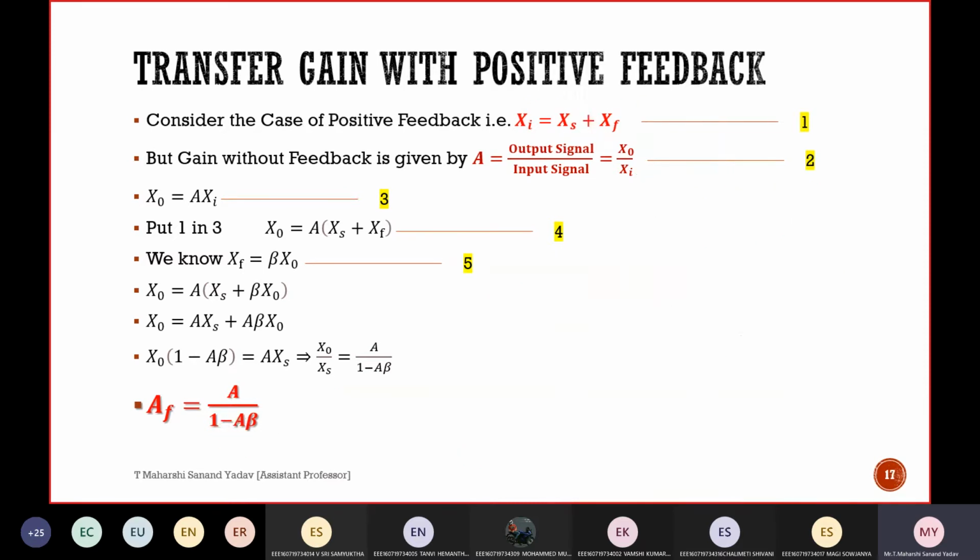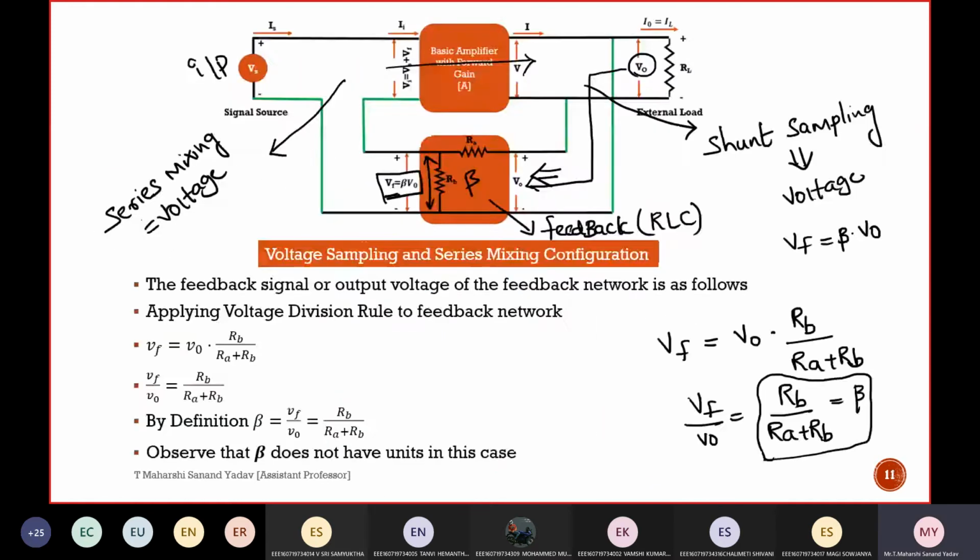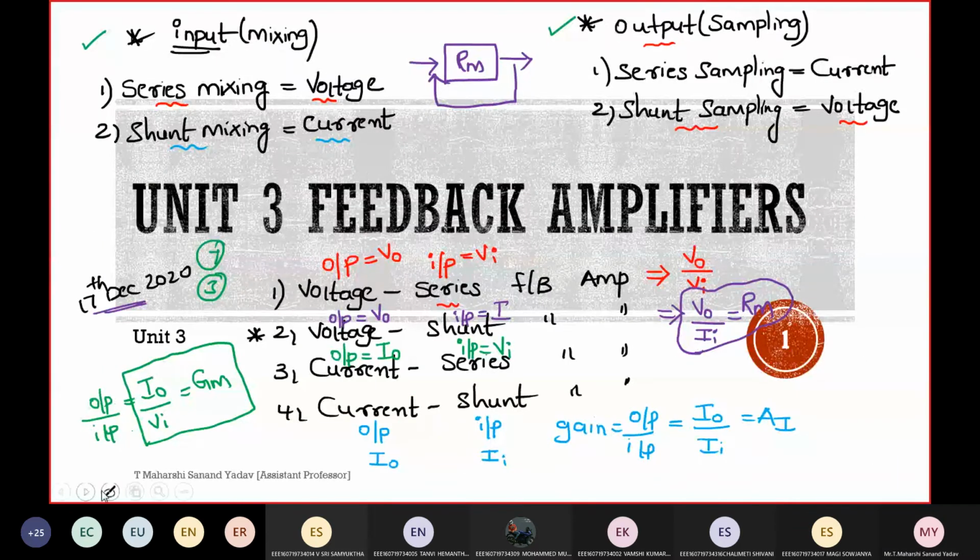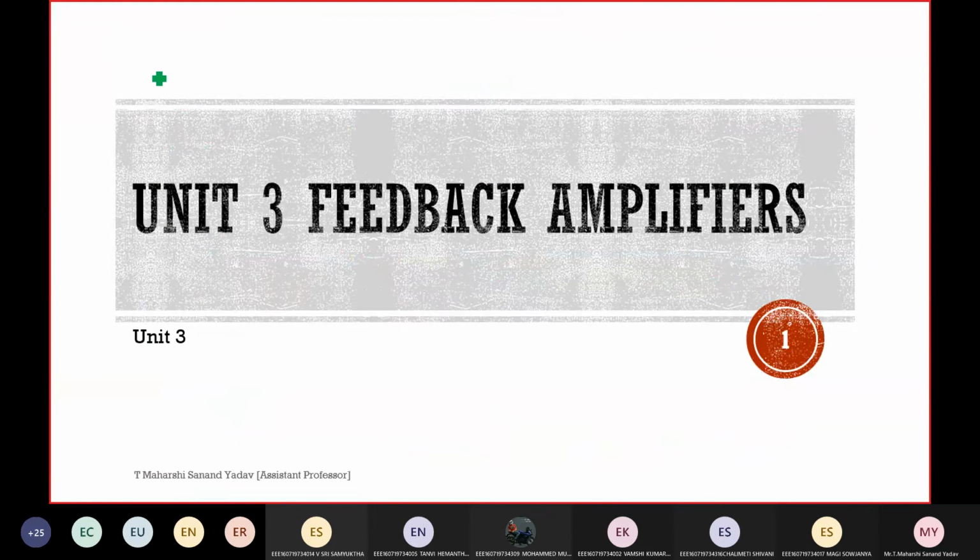Next, let us see positive feedback. Can anyone tell me how to derive it for positive feedback? In positive feedback, xi can be written as xs plus xf.